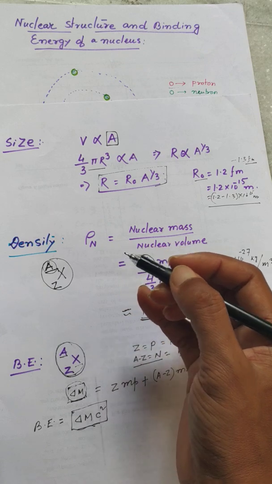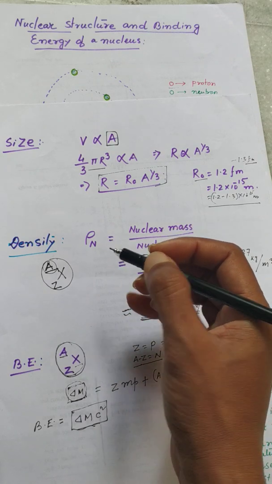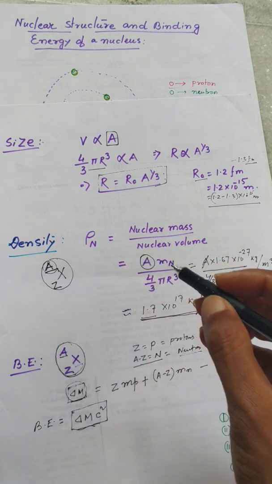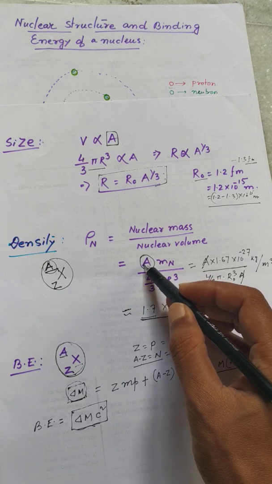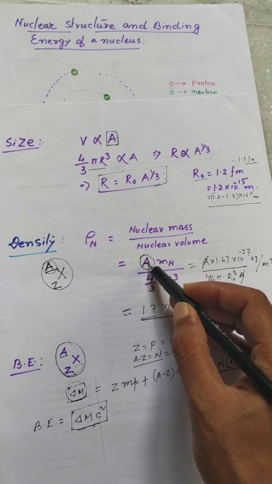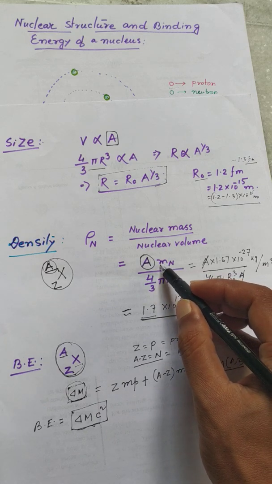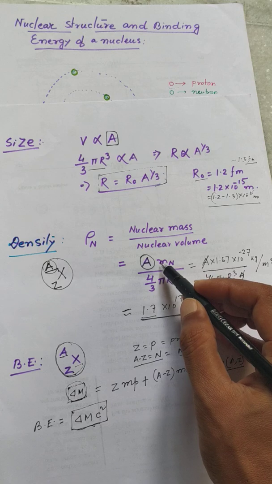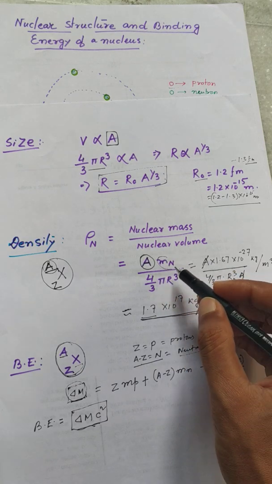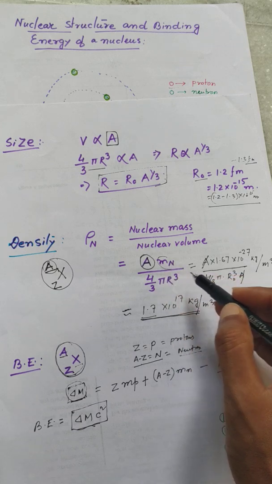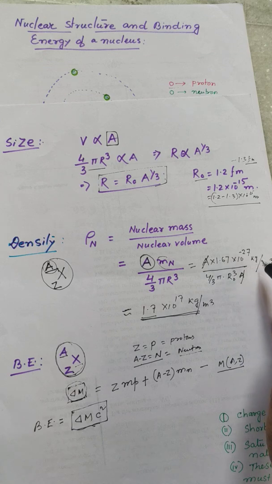Since the nucleus is made of protons and neutrons, the mass of the nucleus will be the total number of nucleons times the mass of each nucleon. Here Mn is the mass of each nucleon, and it is constant, and the value is 1.67 times 10 to the power minus 27 kg.